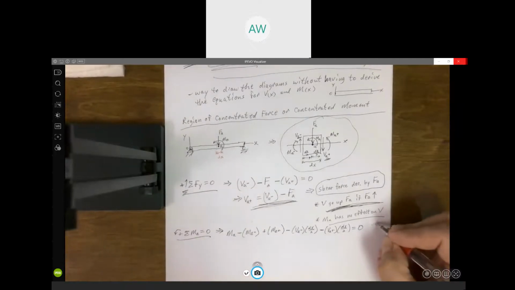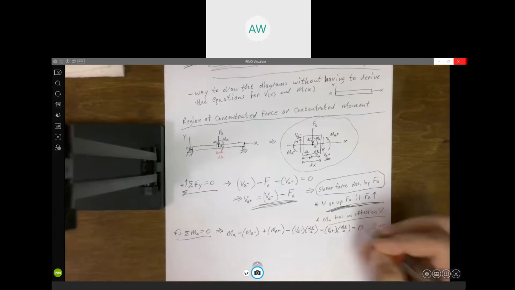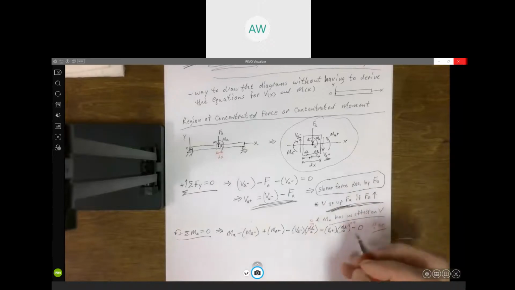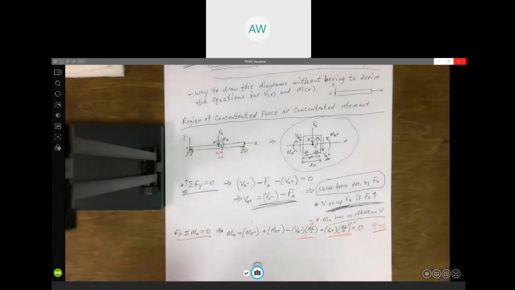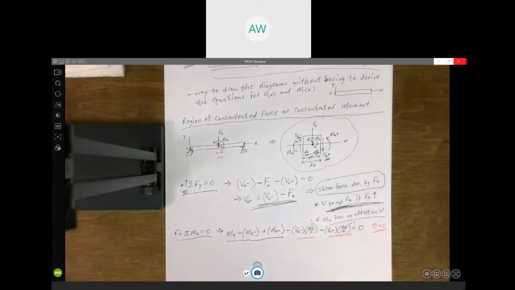So essentially we're going to say dx over 2 is essentially 0. So the moment that's caused by these two shear forces, it's so close to point A that it's really not going to cause a moment. And so all we have left to consider and deal with is our moments.